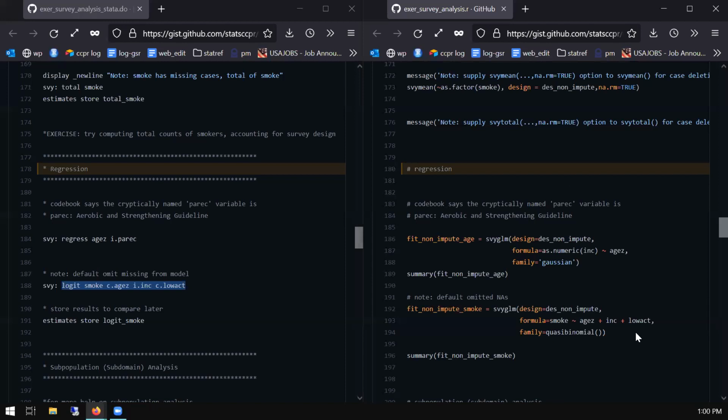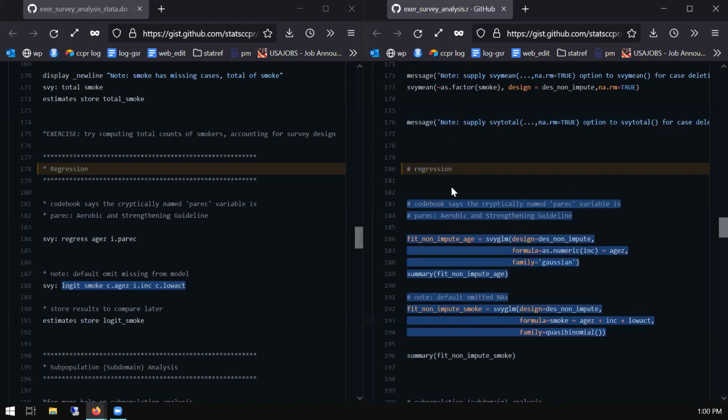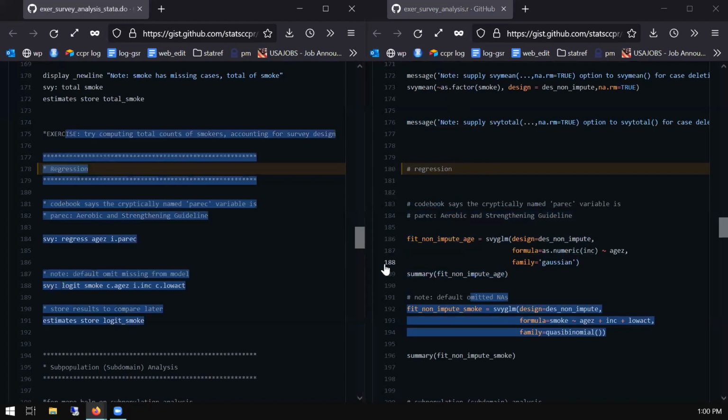Everything up until now, we removed the missing data just so we can make progress on the code setup. Everything up until line 190 here, operationally, we set aside the missing data. Now that we have more time to spend on what we want to do with the missing data, we can fold that in.